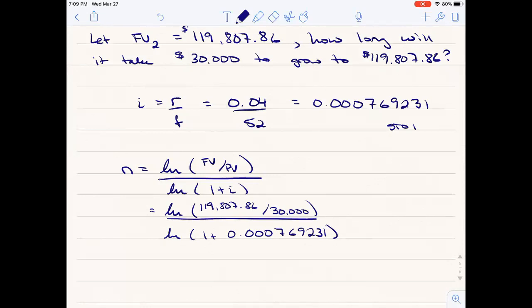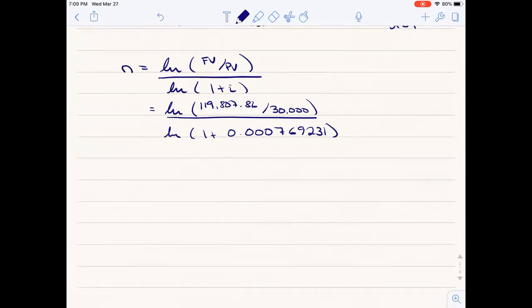So 119,807.86 divided by 30,000, and then I take the log of it, is going to be 1.384691911. I'm going to store this in 2.